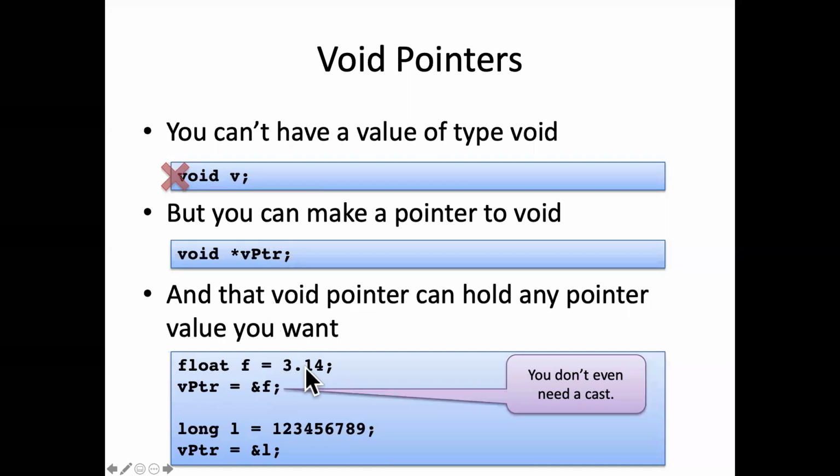I made a float variable. I got its address, and I can store that in the void pointer. It's just that the void pointer is holding the address of a float at this point. I could change my mind later, since this vptr can hold the address of anything. If I later decide I want to make a long and get the address of that long, the compiler will let me store that in a void pointer.